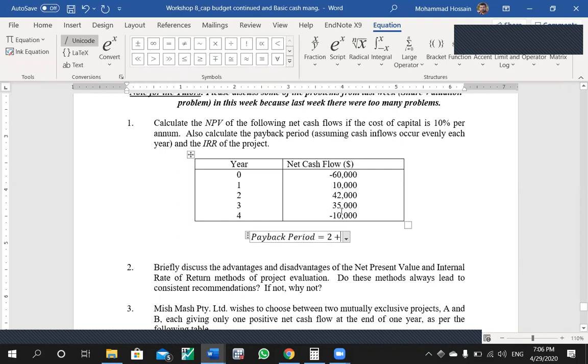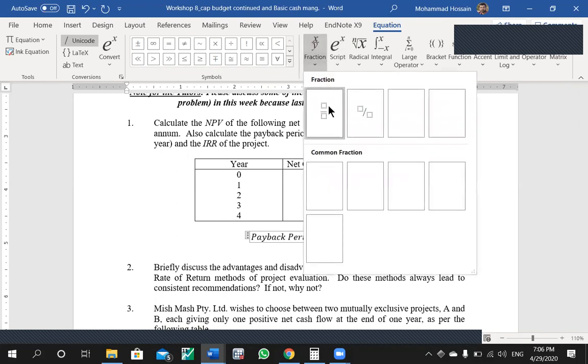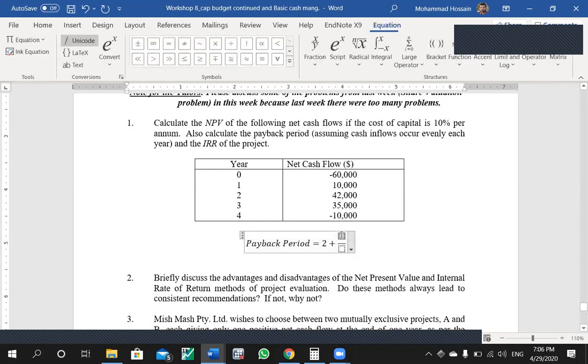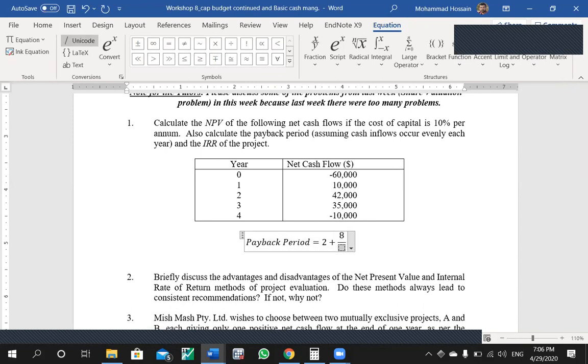I don't need 35, I need 8, right? So 8 divided by 35.